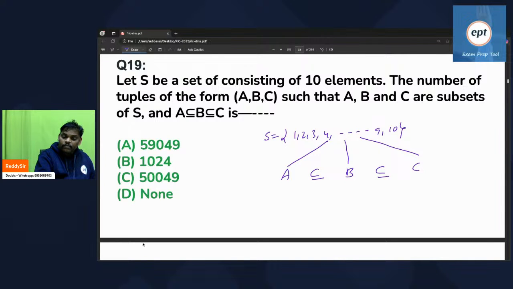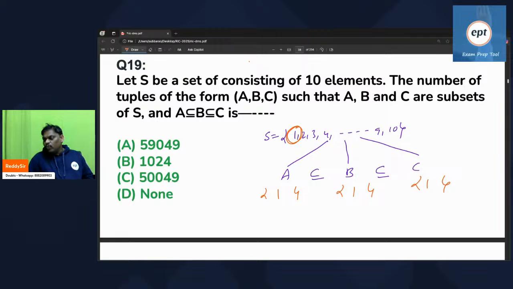Now understand everyone. If you take any element and that element is there in every group, the condition is still satisfied. Check: A is a subset or equal to B, subset or equal to C. Having it in all three is no problem.